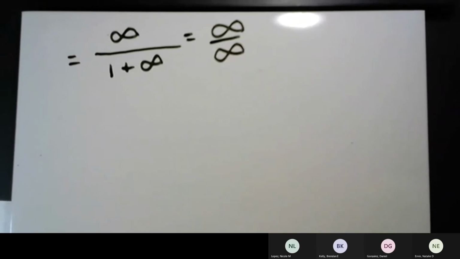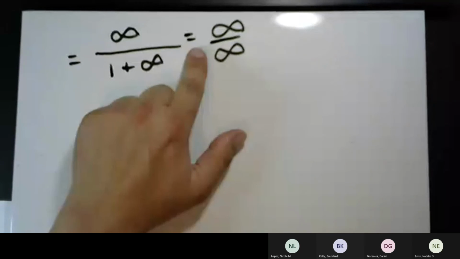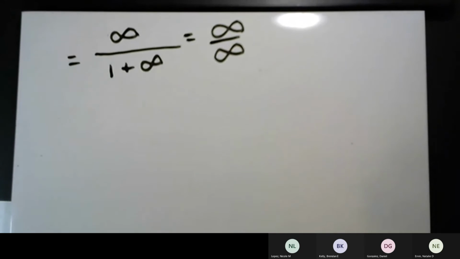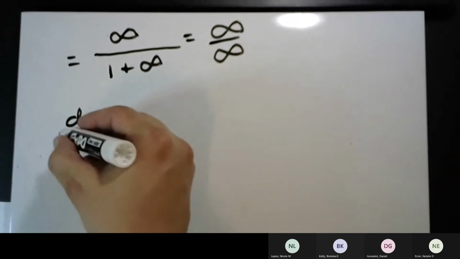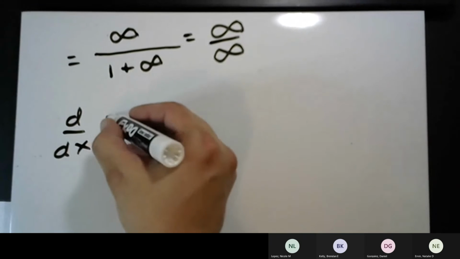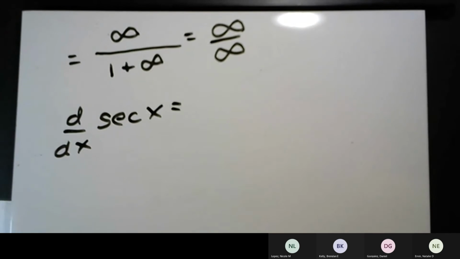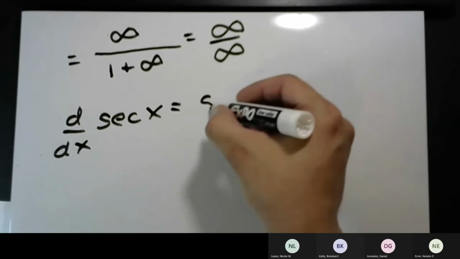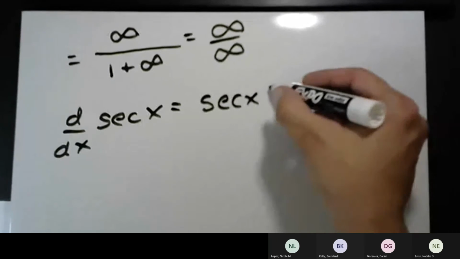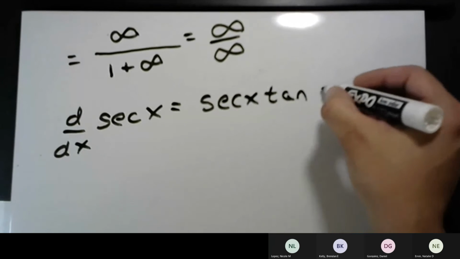So now let's take a look at L'Hopital's. We got this infinity over infinity. So let's take the derivative of the secant of x. If we do that, we get secant x tangent x.